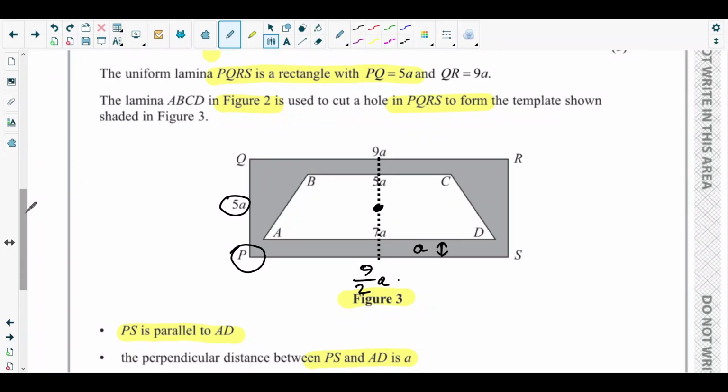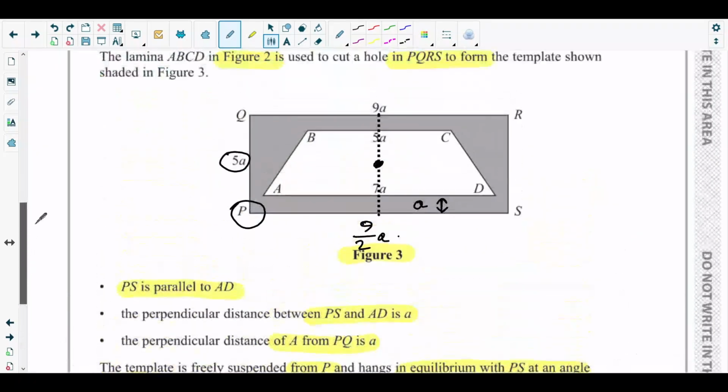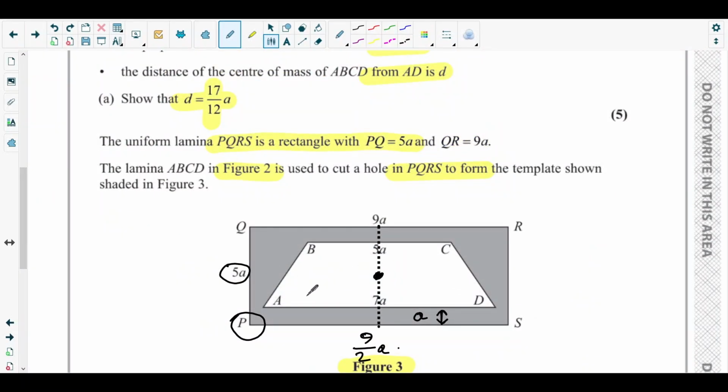Why? Because this side AD of the isosceles trapezium is A distance above point P. Earlier in part A we got the center of mass of ABCD at a distance of 17/12 A vertically from AD, right?